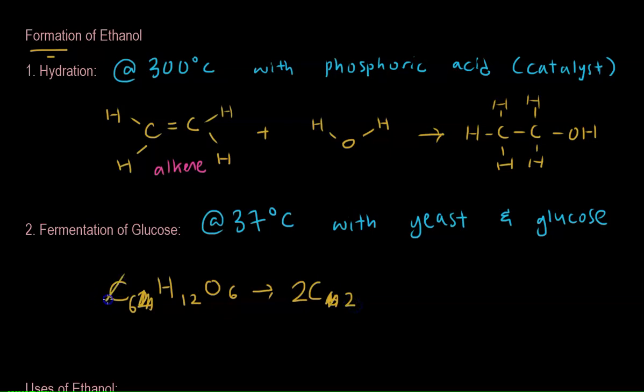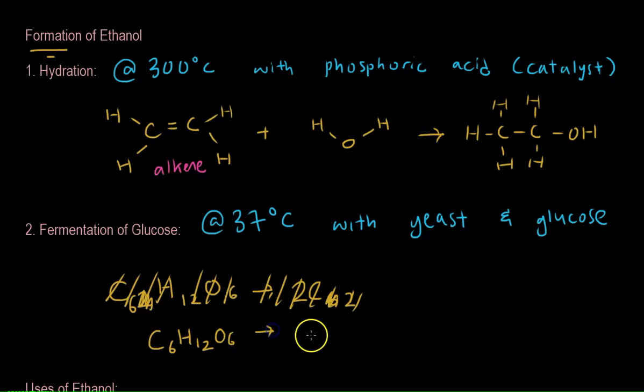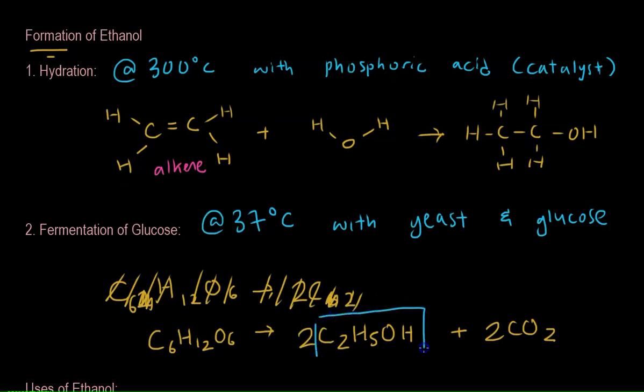Okay, let me just rewrite this. This is very ugly. Okay, sorry about this. It will take a glucose molecule, C6H12O6, okay, to give me 2C2H5OH plus 2 units of carbon dioxide. And if you can see, this is ethanol. Okay, it's just written out in a molecular formula instead of being drawn out, but they are the same thing.